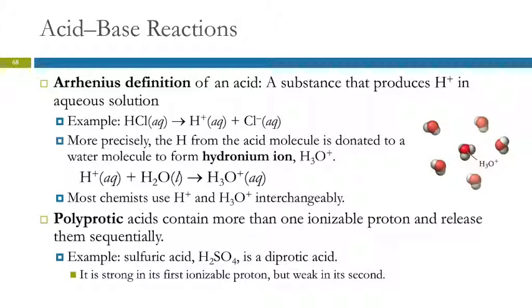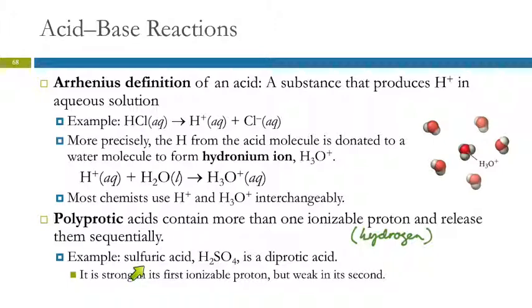So that hydrogen ion is a proton, and so we talk about polyprotic acids, many protons. That just means they have more than one ionizable proton, ionizable hydrogen. And they release them sequentially. They don't release them all at once. First they release one, and then the second one.